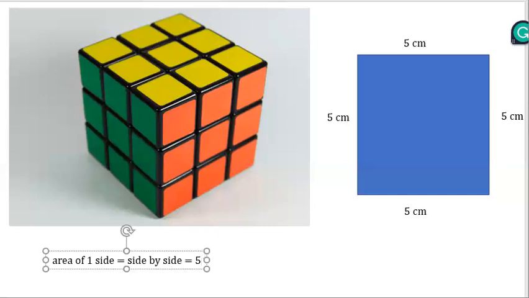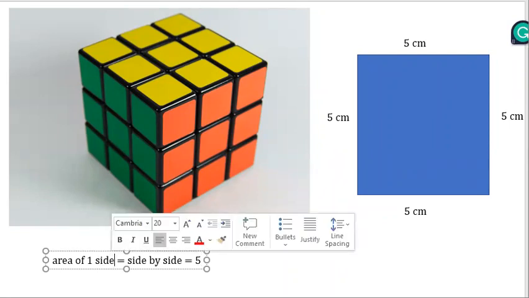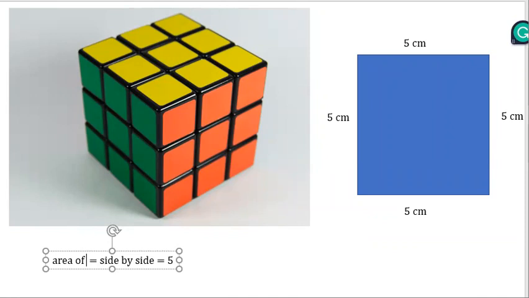Right, so something I said wrong. I said it wrong. It's not the area, because we have area of a square, it's side by side.